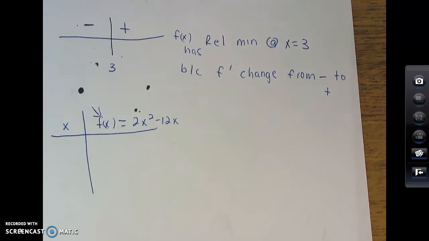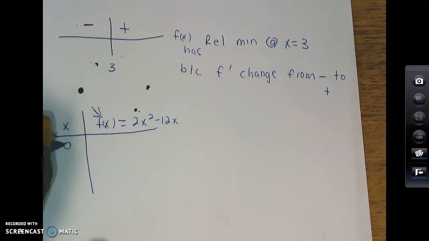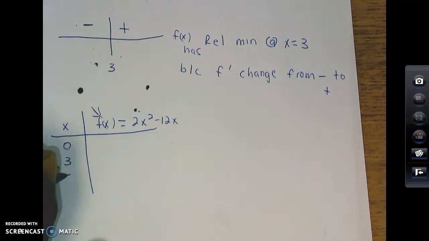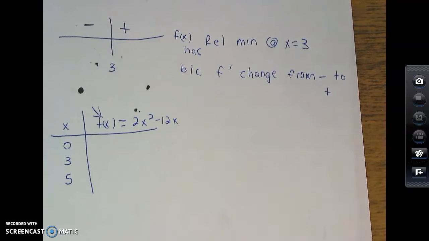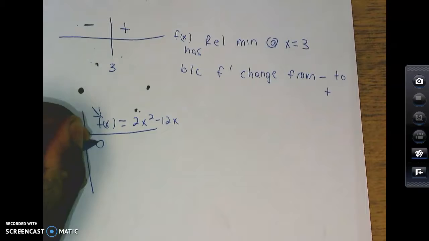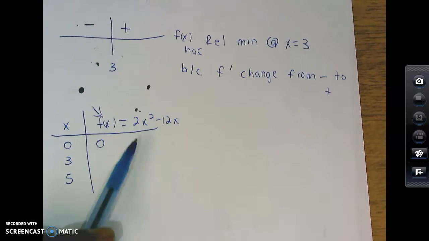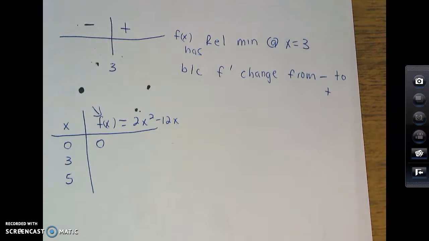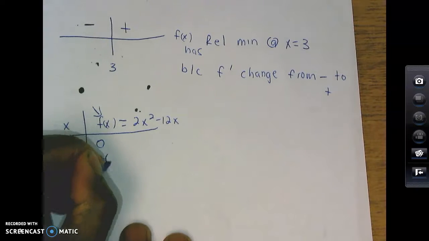So let's plug in those values and see what the outcome is going to be. So I have 0, 3, and 5. So I'm going to plug in 0. When I plug in 0, I'm going to get 0. A quick way to see that is because every term has an x in it, so you know you're going to get 0. And then I'm going to plug in 3. That's going to be a little more work, but not much.